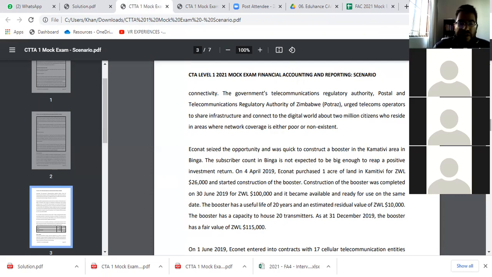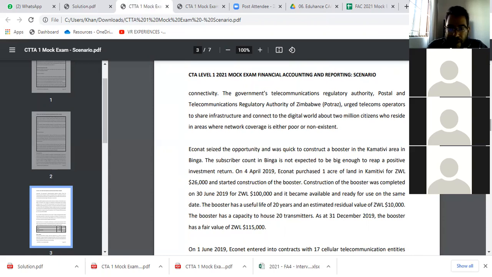Okay. So they say Econet seized the opportunity and was quick to construct a booster in the Kamativi area in Binga. The subscriber count in Binga is not expected to be big enough to reap a positive investment return.